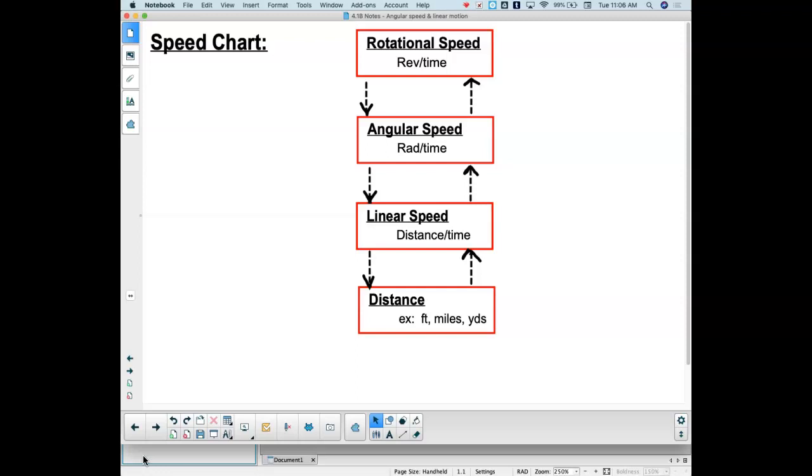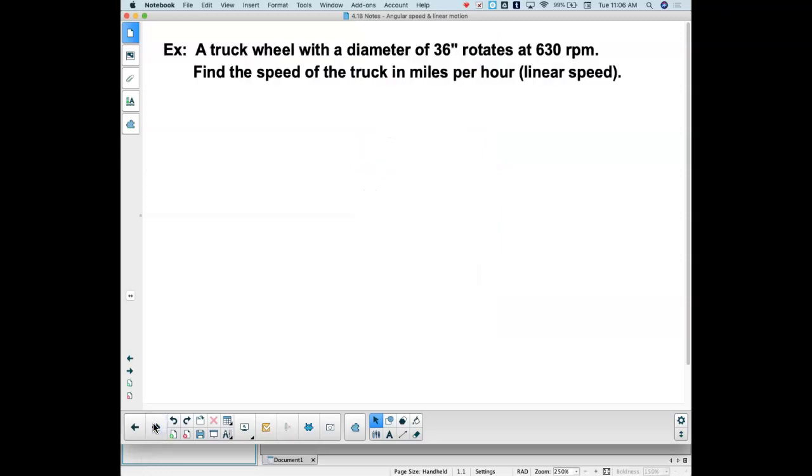From linear speed, then can come distance. Okay? So if you multiply by a certain time there, then that's going to be how far a point on the edge of whatever is spinning travels. Okay? All right? So let's put those speeds and distances into play today.